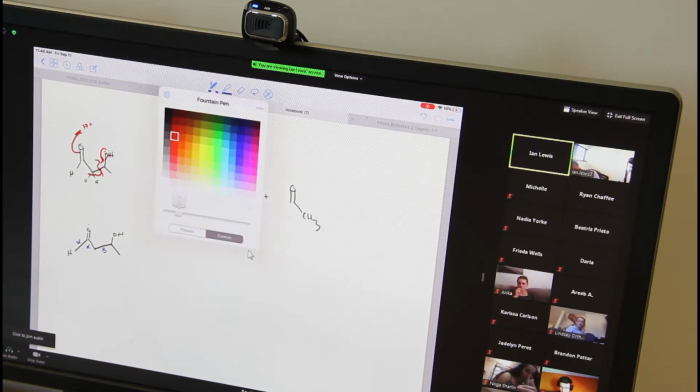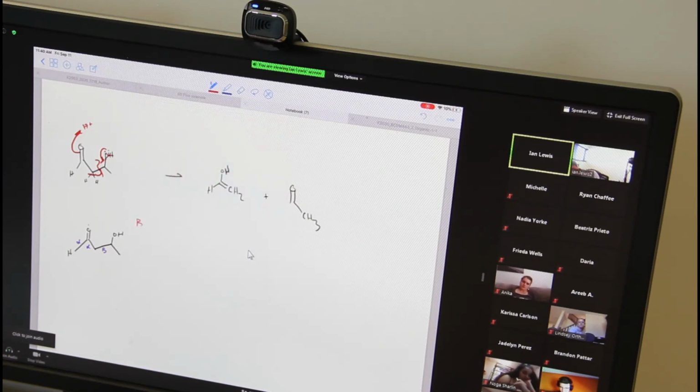So how do we get there? Well, in order to break that bond, we abstract a proton, right? When we abstract that proton, the electrons resonate down to there, and they start to form a double bond, but they can't form a double bond without kicking something out, because why?